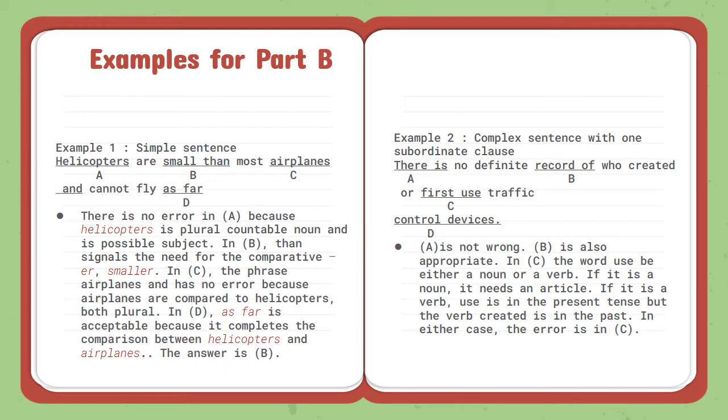Alright, look at example 2. This is a complex sentence with one subordinate clause: There is no definite record of who created or first used traffic control devices. Okay, look at this. A, there is not wrong. And B is also appropriate. But in C, look at this.